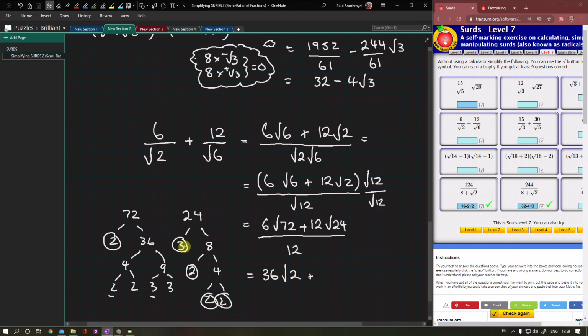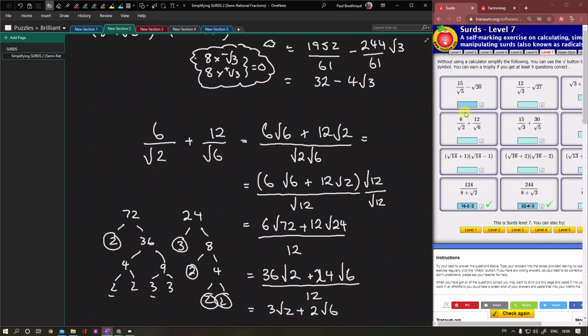And 12 times a root 2 root 6, so we've got a 2 there. 12 times 2 is 24, times the square root of 3 and 2, because these two can't be split, all divided by 12, which gives me 3 root 2 plus 2 root 6, and that was that one. 3 square root 2 plus 2 square root 6.